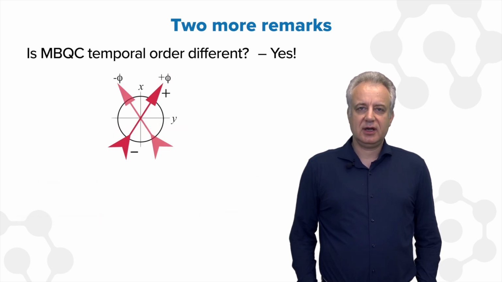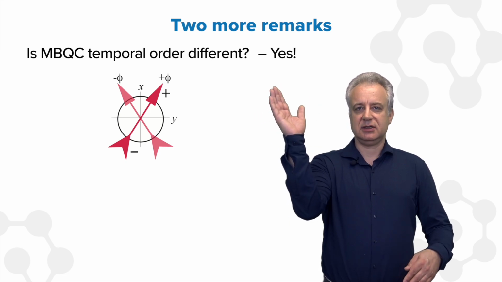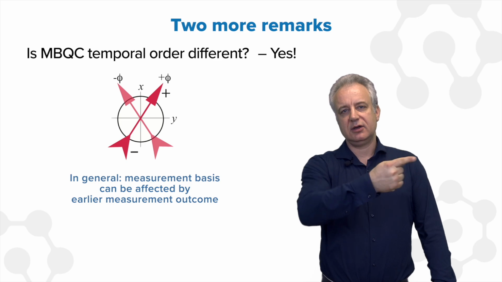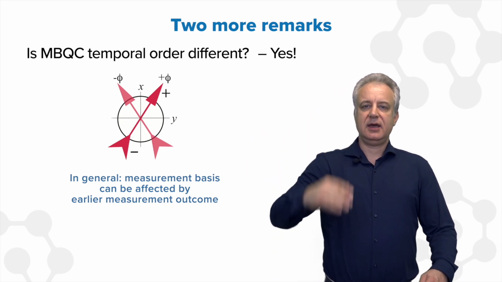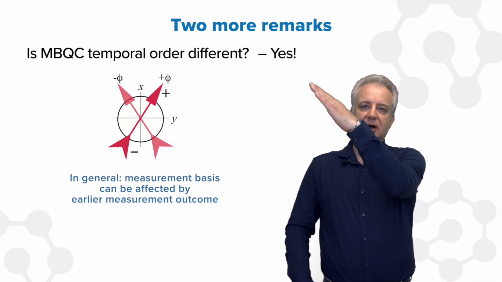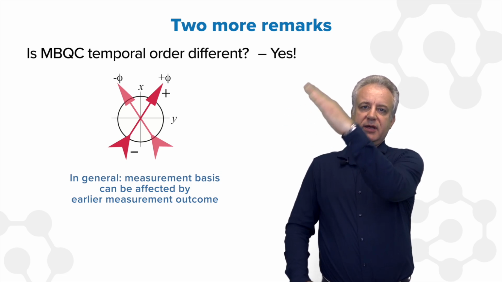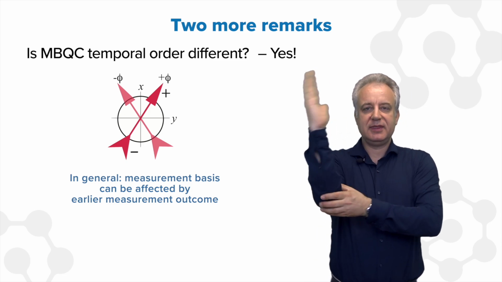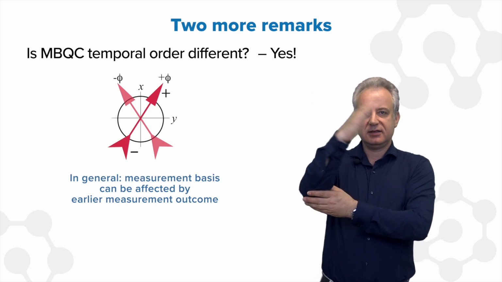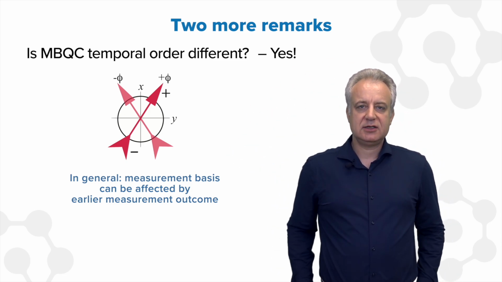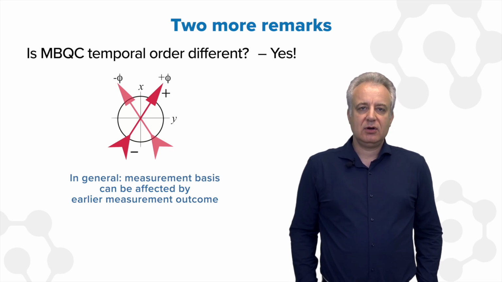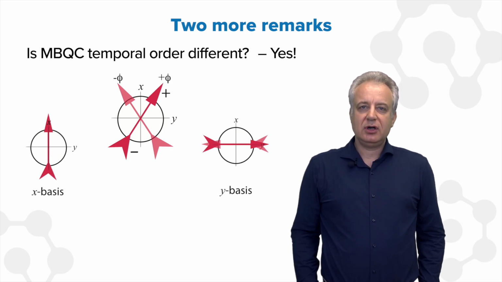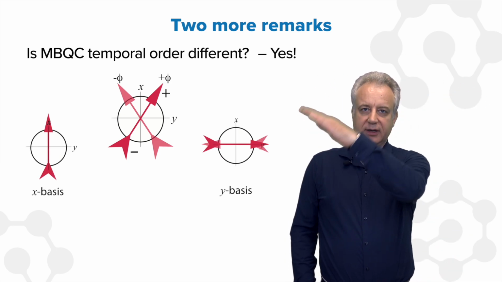What you see here in the middle is the general situation. We have a measurement basis in the XY equator of the Bloch sphere, and the effect of earlier measurements is to flip it. So the basis can be this or it can be this, but that's really all that's happening, this flip back and forth. Now there are two special bases that do not change under this flipping.